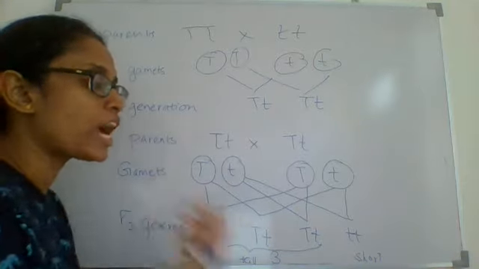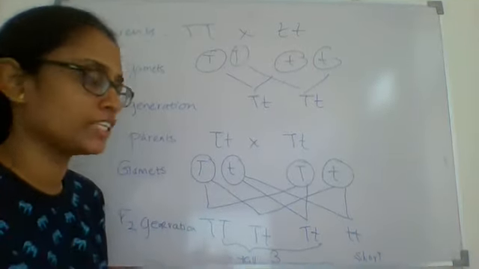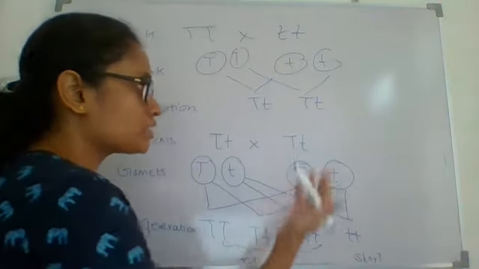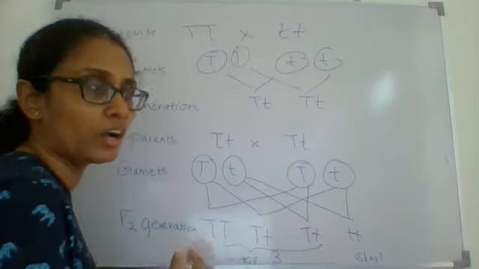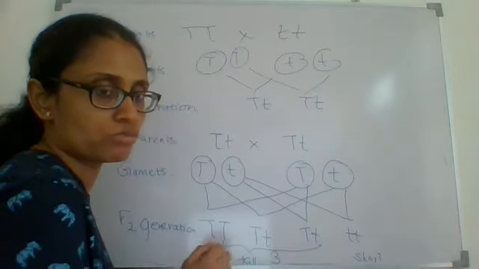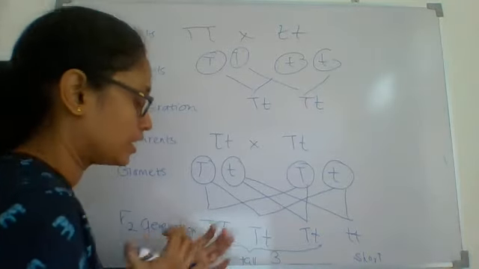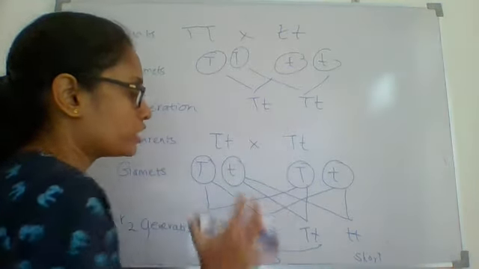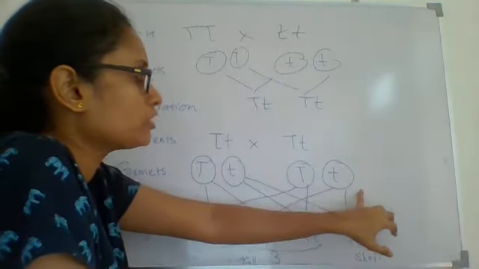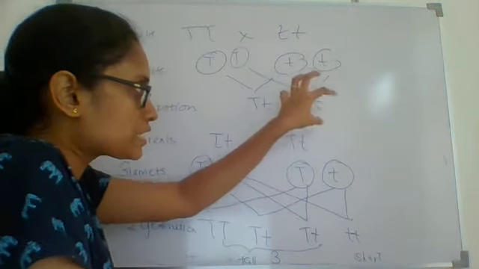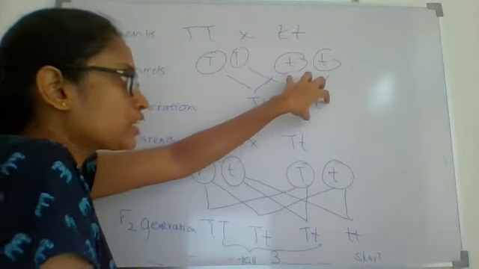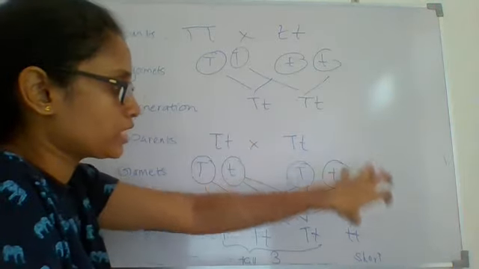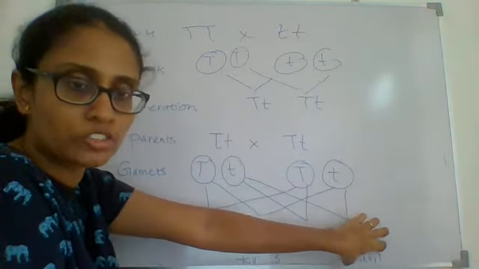But they are tall plants physically. This is short. So he found this is the reason for this observation. He found that the gene determining the shortness is recessive. It is being hidden in the first generation, but it is being presented in the second generation.